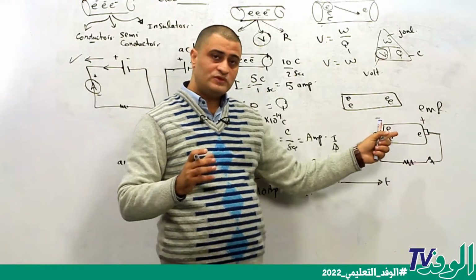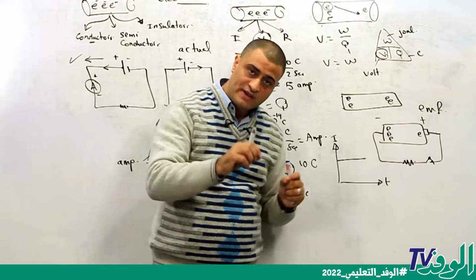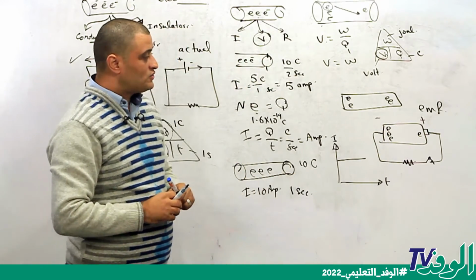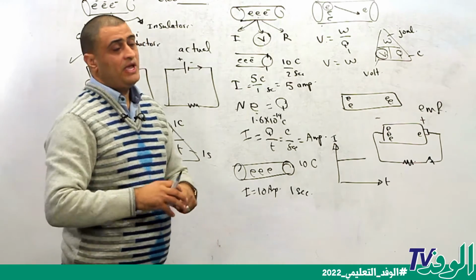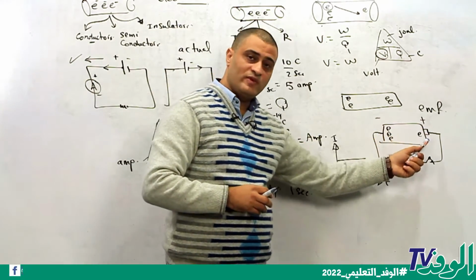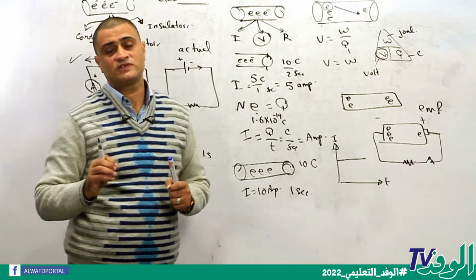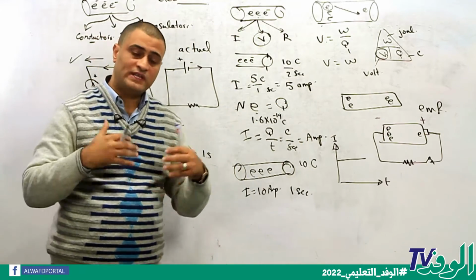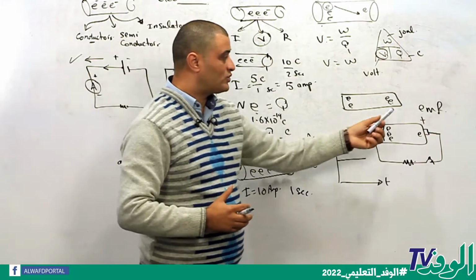So the electromotive force of the battery is a type of potential difference, but between the two poles of the battery. The work done to transfer the charge inside and outside the battery is called electromotive force.